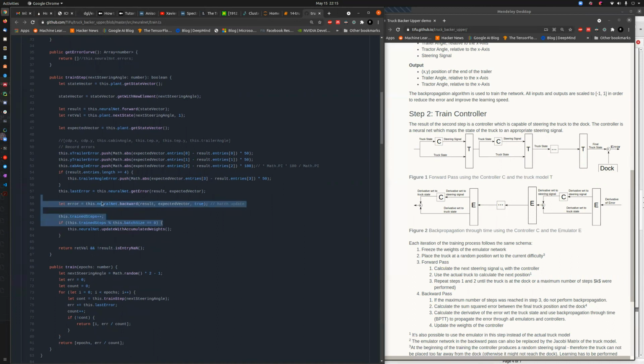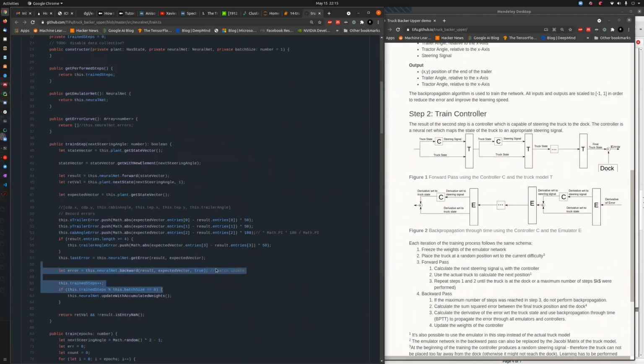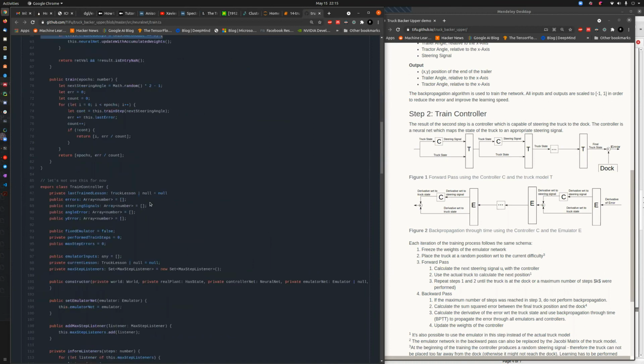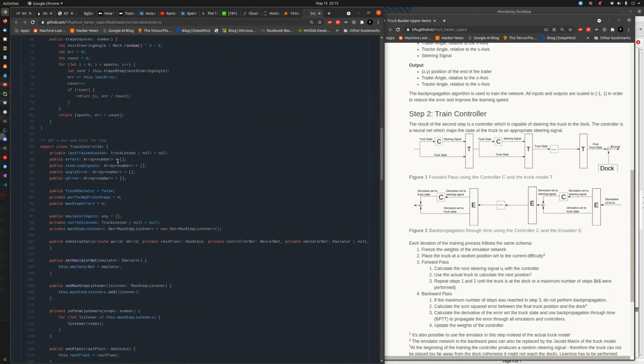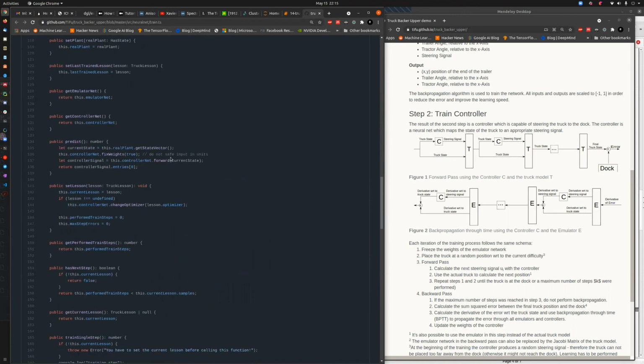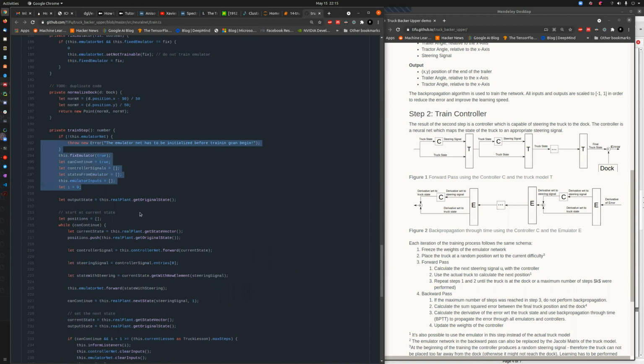This is on a truck emulator, and then for the controller, as we have alluded to, these are the steps.